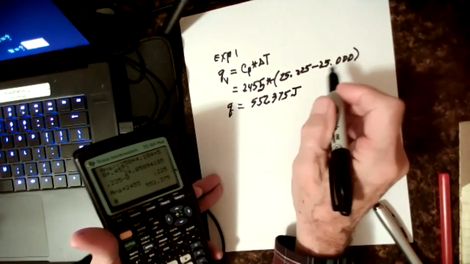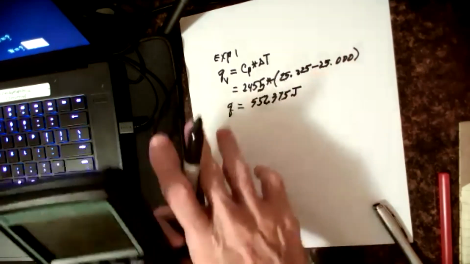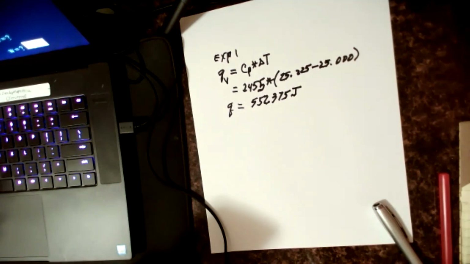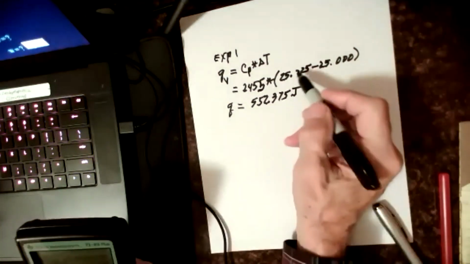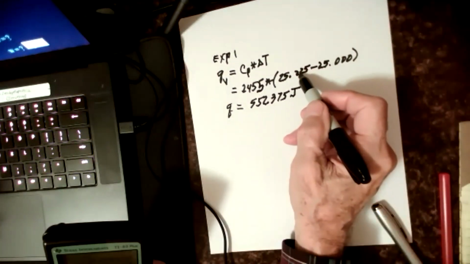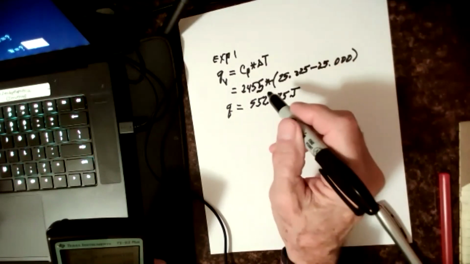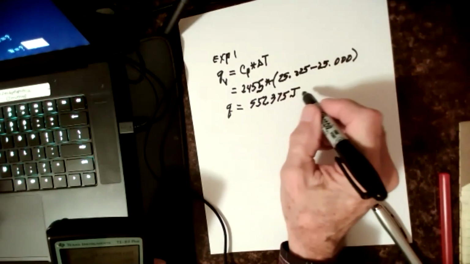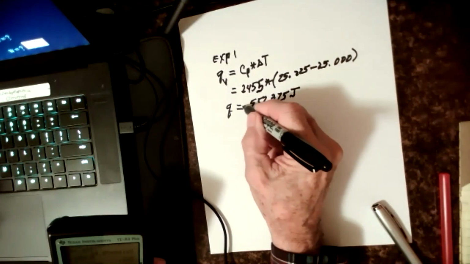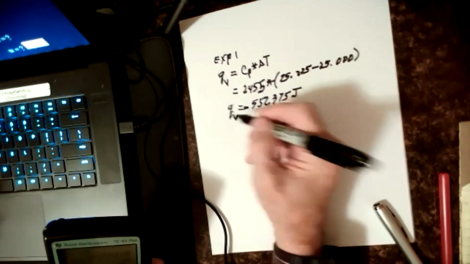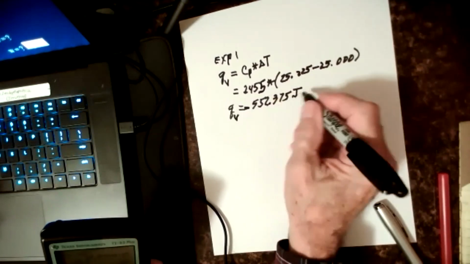Now, is the sign positive or negative? Well, I'm looking back at the thermometer. In the final state, the temperature was higher. So this was a bigger number, and it's outside the system. So heat flowed from the system to the surroundings. That's out of the system. That's negative.